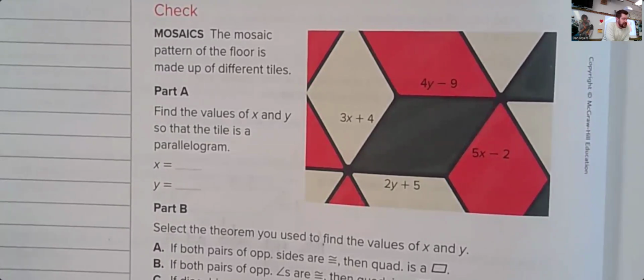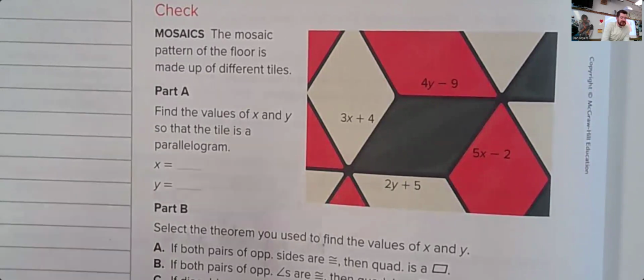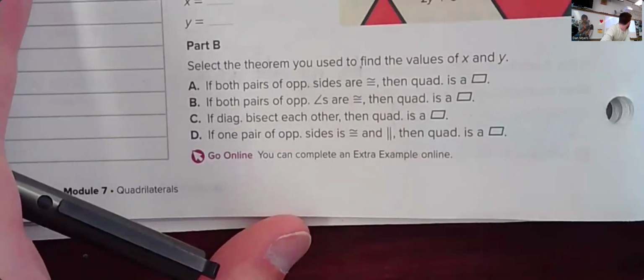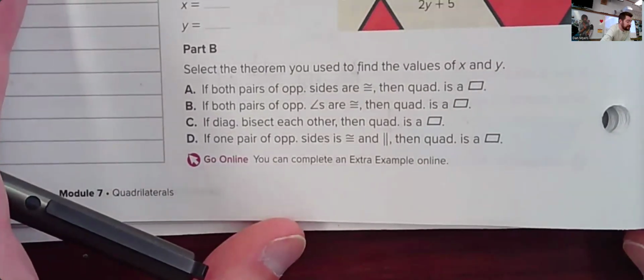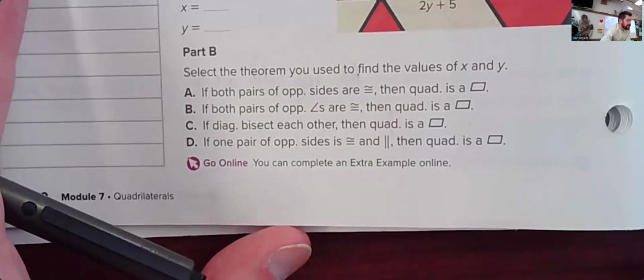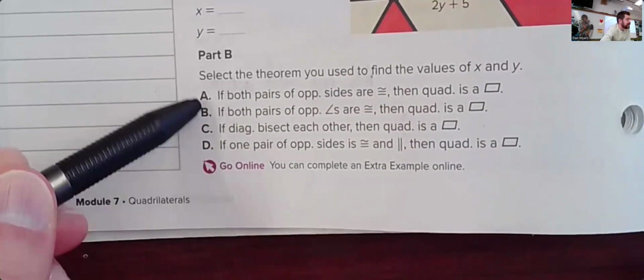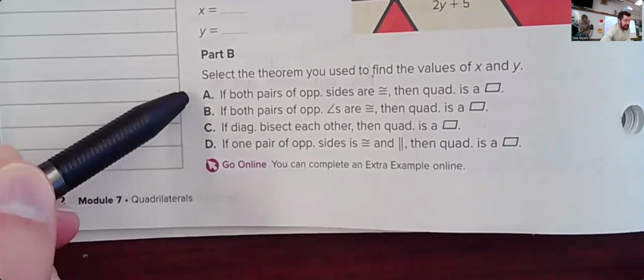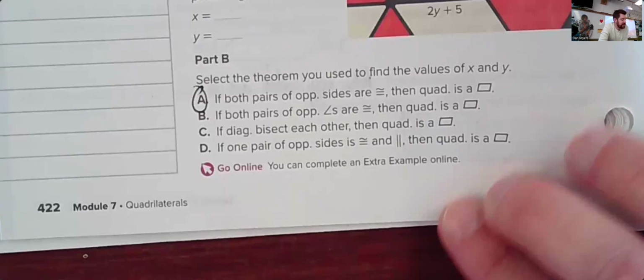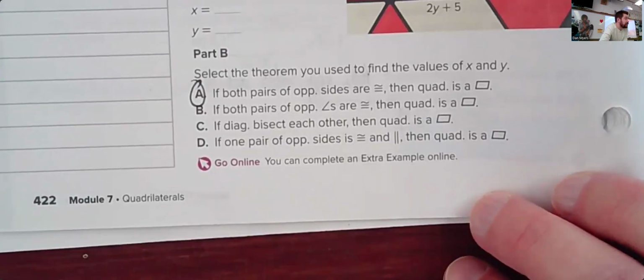Okay, so which theorem is being used? 7.9. 7.9 says what? So if both pairs of opposite sides are congruent, then it's a parallelogram. So we're looking at A, B, C, or D here for the theorem. A, yeah. So that'd be theorem 7.9, which would be corresponding to A there.